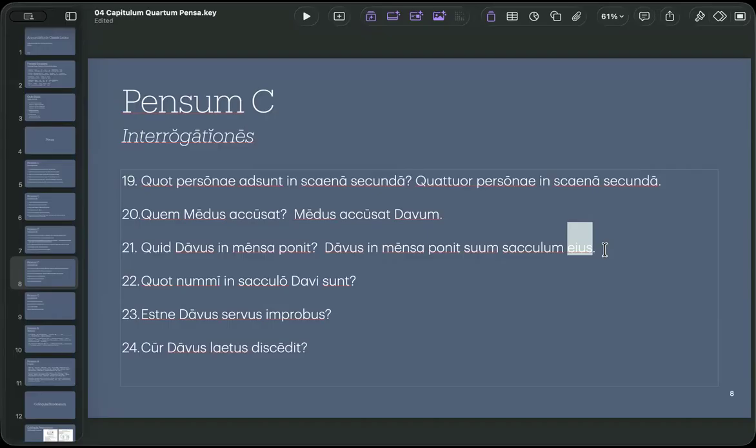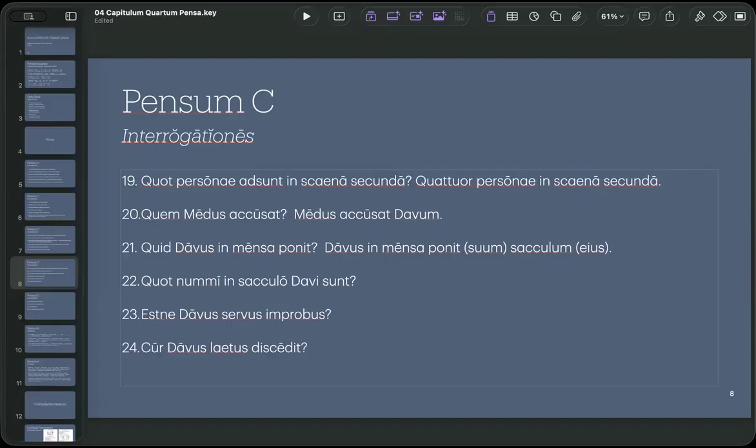If I say pono in mensa sacculum meum, that would work because there meus, mea, meum are possessive adjectives, and it would then agree. But is, ea, id is that strange beast. So in this case, you have to use eius. Make sense? It's genitive, so you can have either one. Tell you what, why don't we put both of those in parentheses? Pick one.